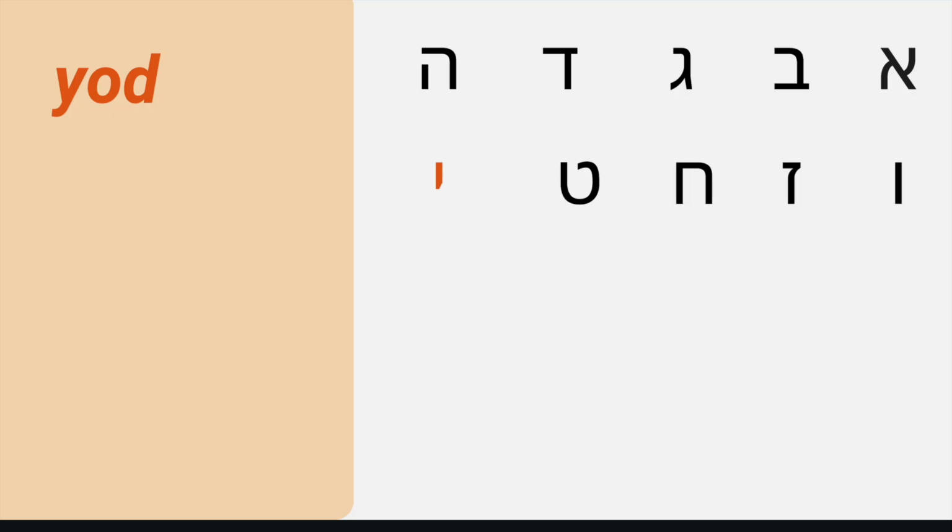Which is followed by Yud, which as a consonant makes a Y sound, like in yellow. But this also, like He and Vav, functions at times as a vowel letter. It indicates that there's a vowel making the E or A sound. We call those I-type and E-type vowels.